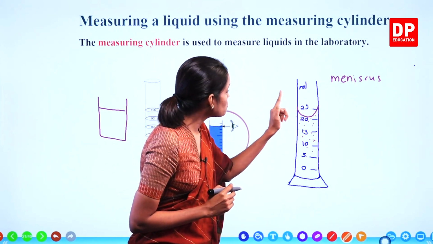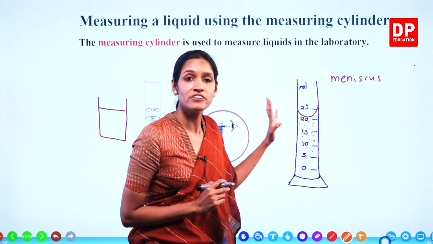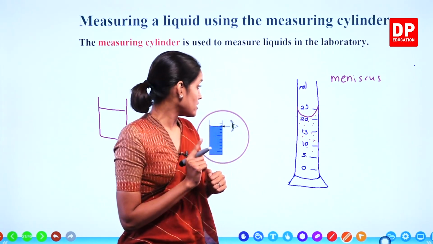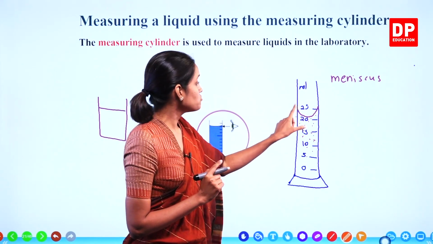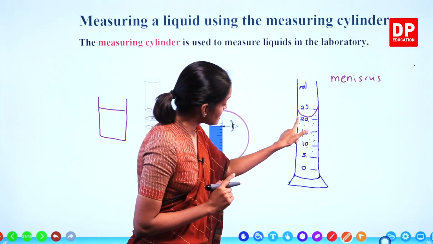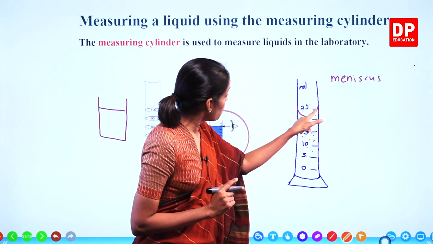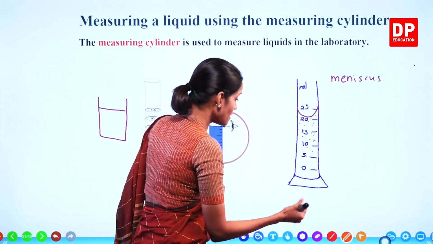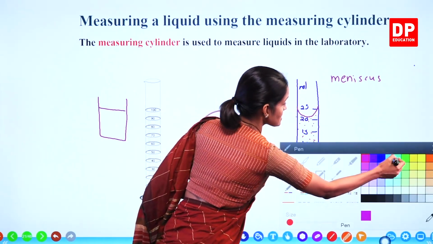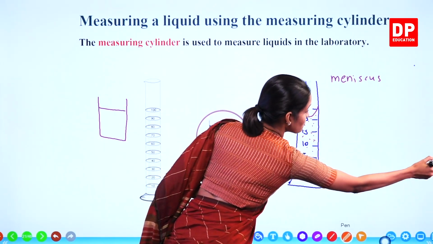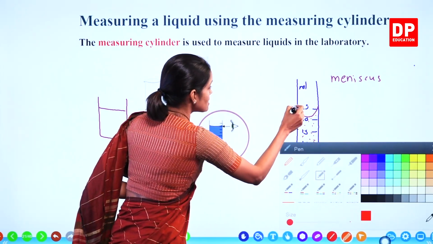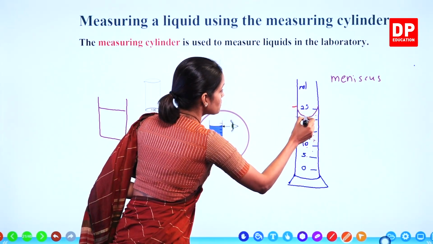So how do you measure the amount of liquid using a measuring cylinder, children? Listen very carefully. You have to keep your eye level with the lower curved part of the meniscus. You can see there are two parts of this meniscus. I will take a different color for this one. Right? So look at this part and look at this part.